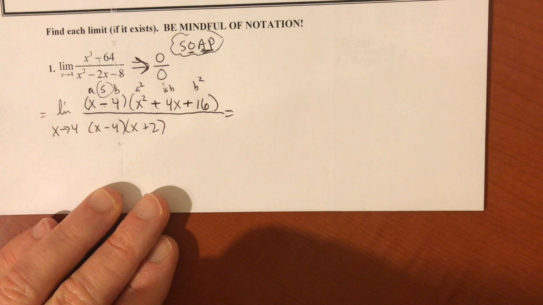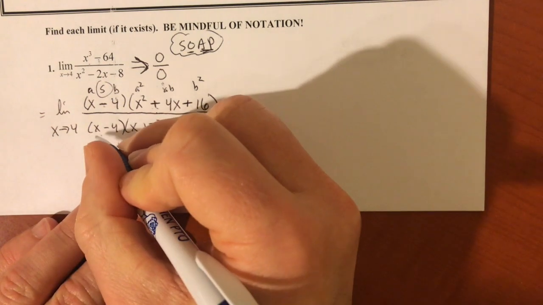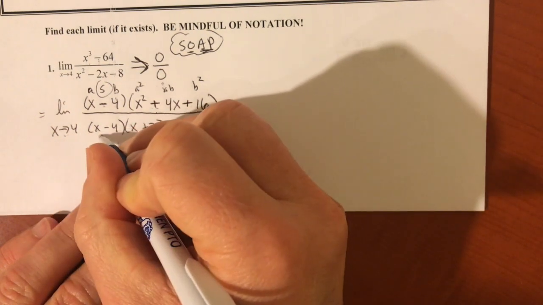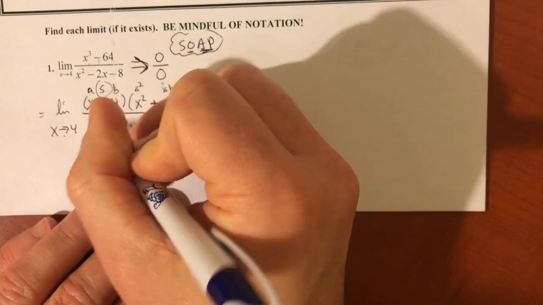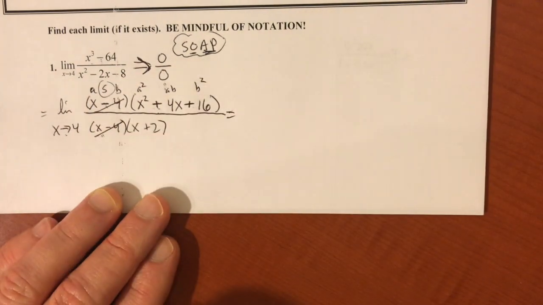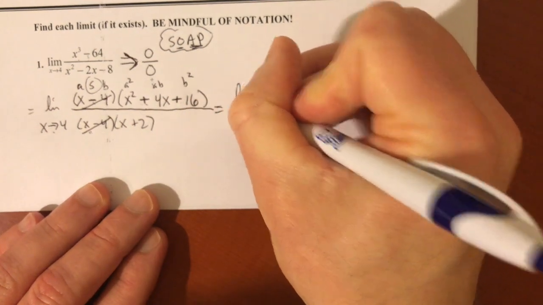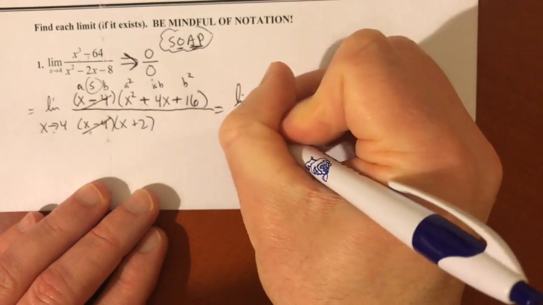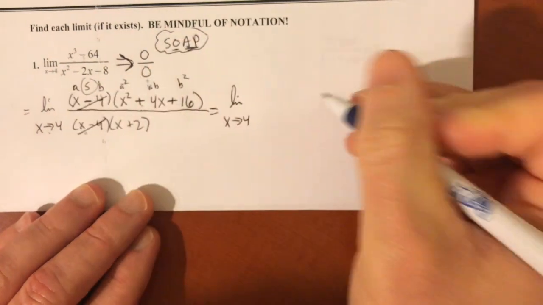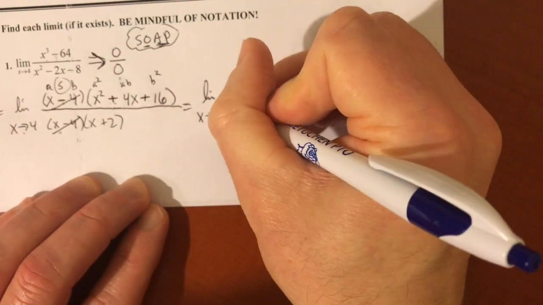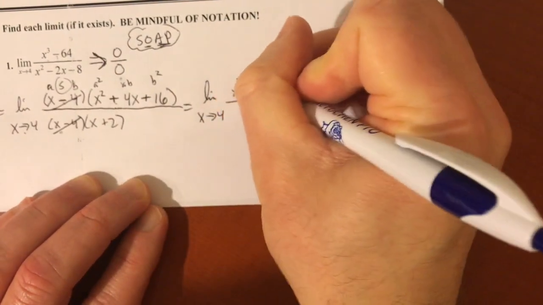And now you'll see that x minus 4, the thing that's giving you 0 in the denominator and the numerator, cancels away. So we have a hole, or what is called in calculus a removable discontinuity, because I was able to remove that restrictive quantity. And here's what you're left with.